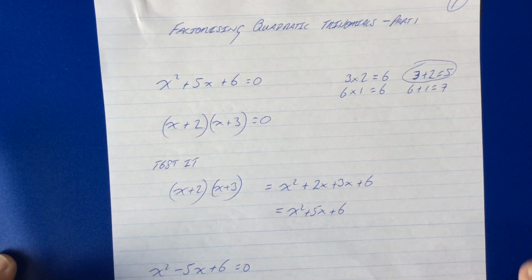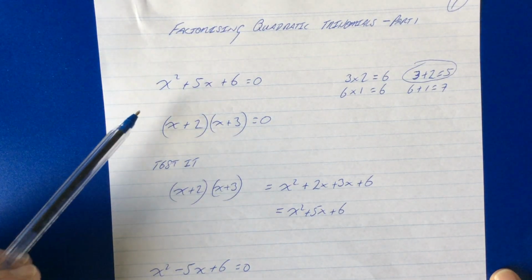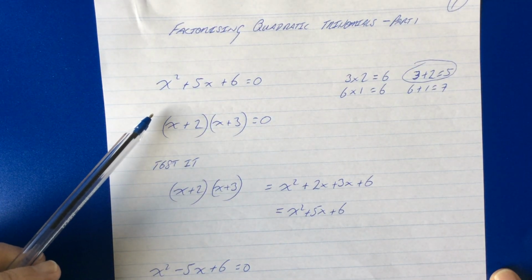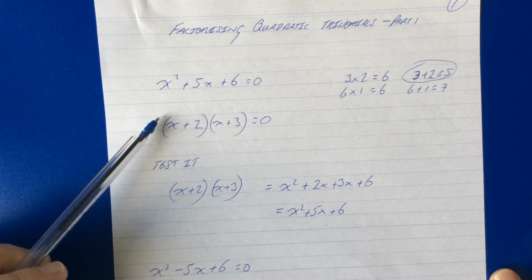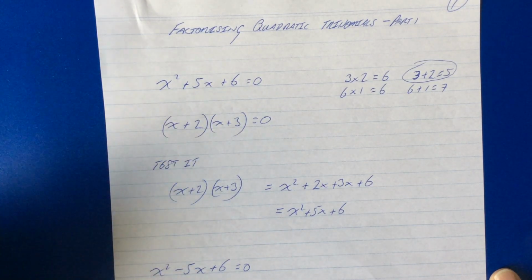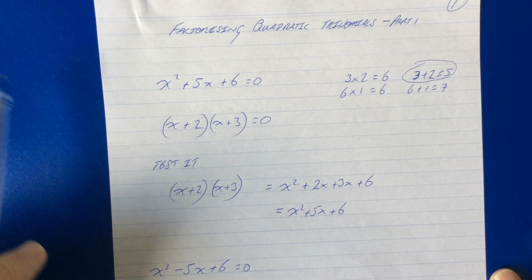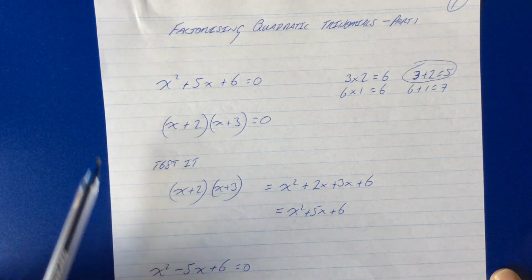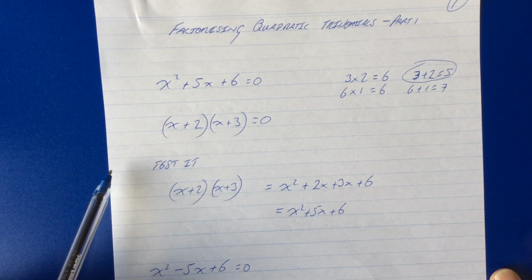It gets more difficult as the numbers get more awkward. Let's be honest about that. But for the most part, 75% of the quadratics that you'll see might be in this form, and a good 50% of them can be solved this way. Okay, so how do we test our hypothesis?